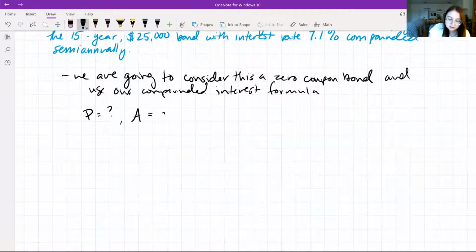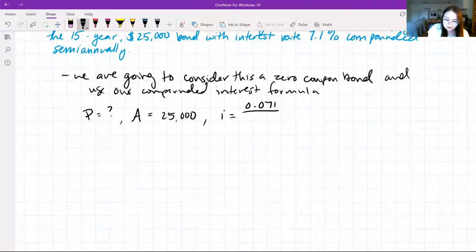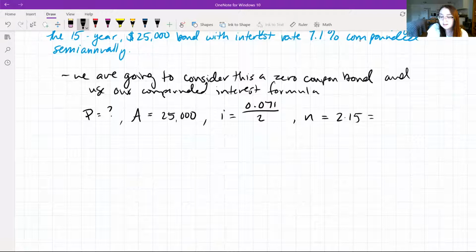Our future value is going to be 25,000. Our interest is going to be 0.071 divided by, it's semi-annually, so twice a year, so divided by 2. And then we have our value of n, which is going to be twice a year for 15 years, so 2 times 15, which is equal to 30.